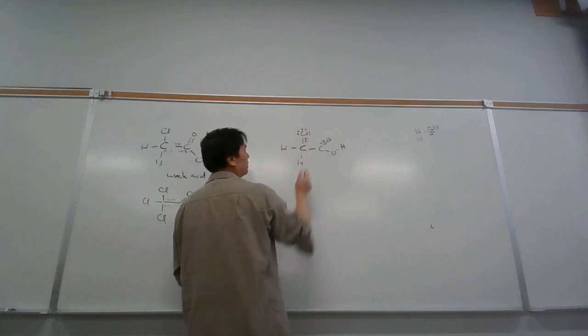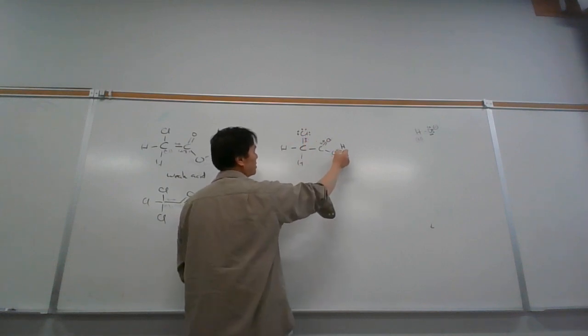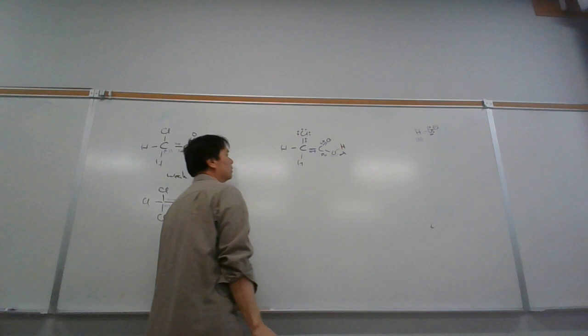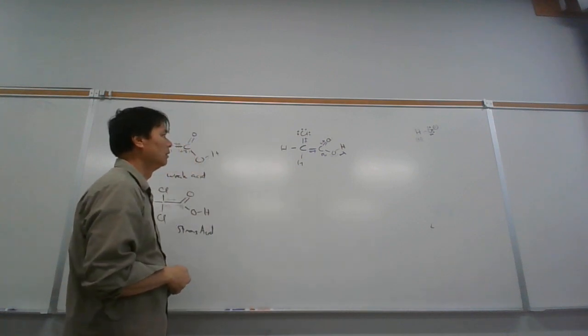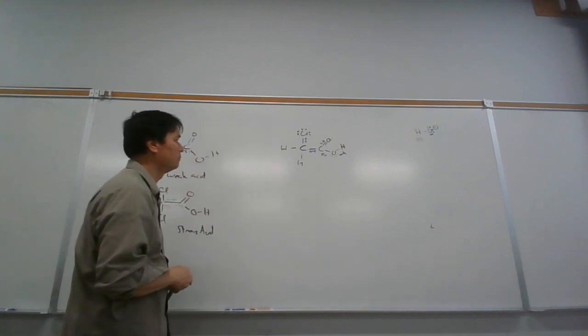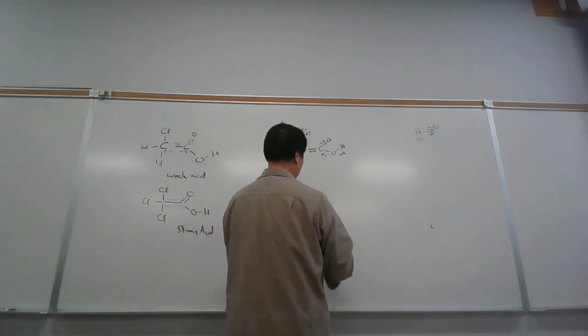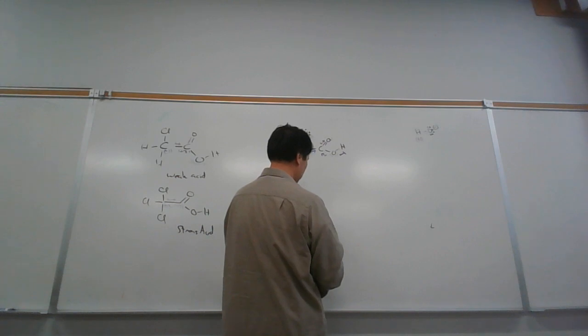We have this chlorine here pulling electron density, and that's going to suck a lot of electron density from hydrogen. We have that, versus acetic acid. And so what that's going to do is make the delta H on hydrogen much bigger.